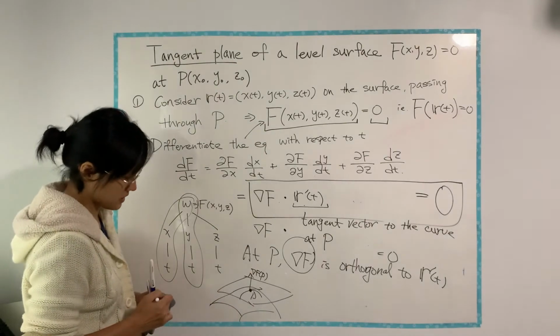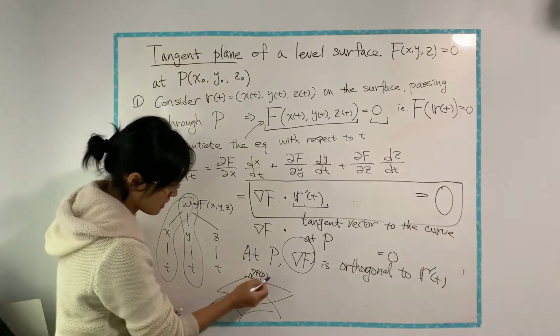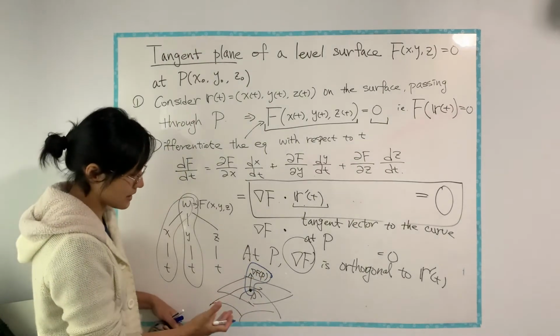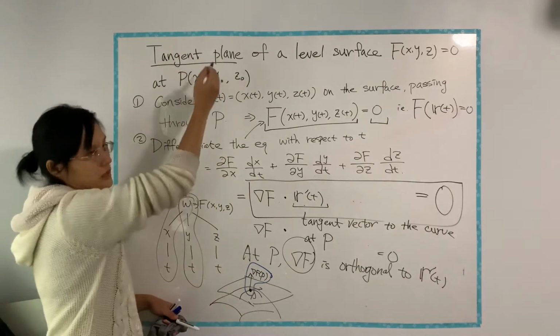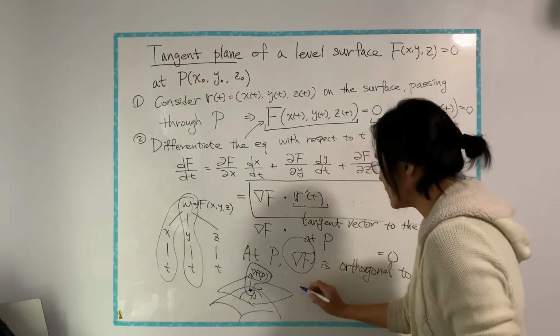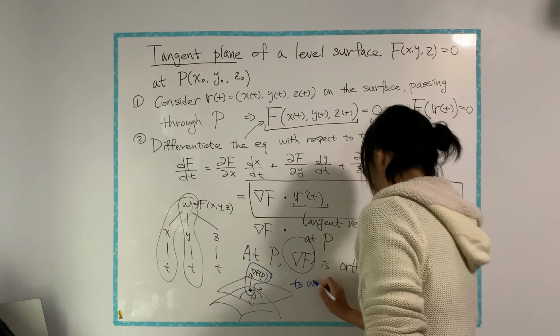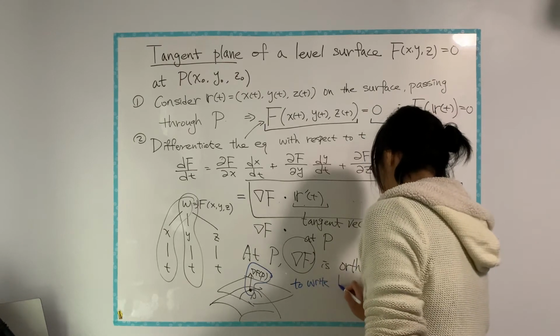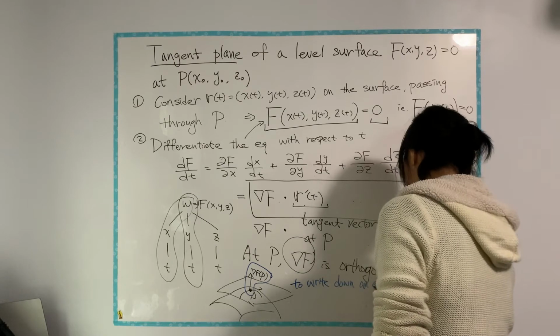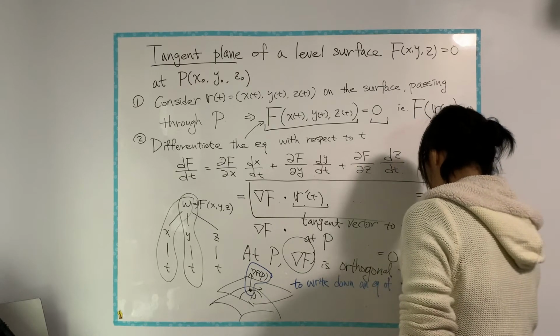So what does this mean? This vector can help you write down the equation of the tangent plane, because we need to write down an equation of a plane.